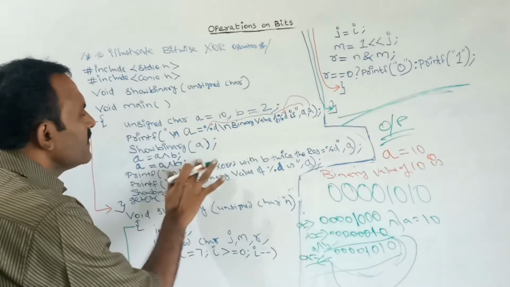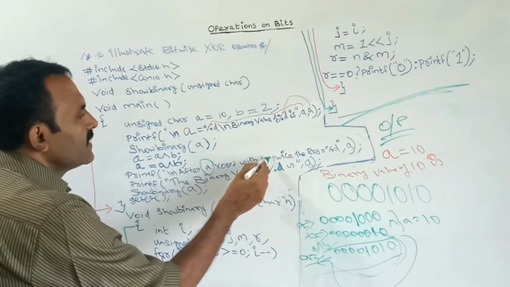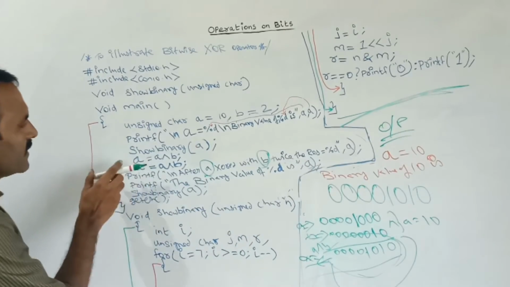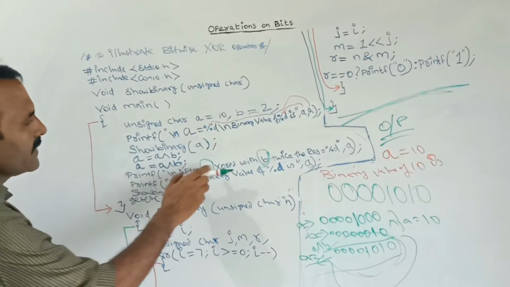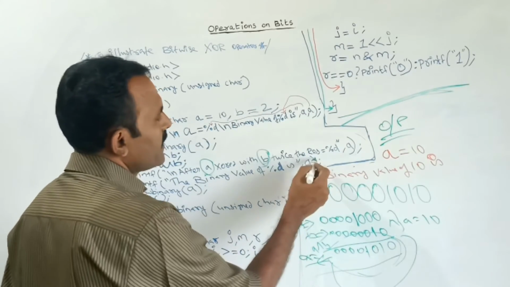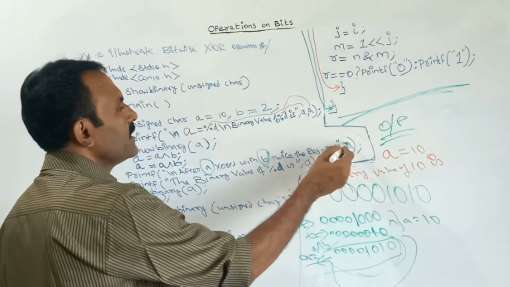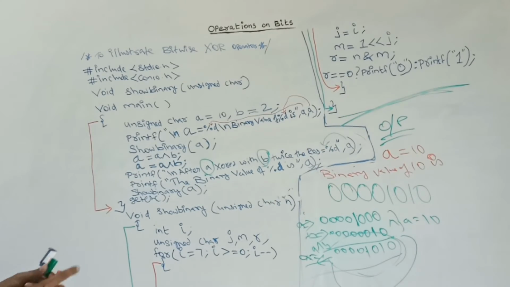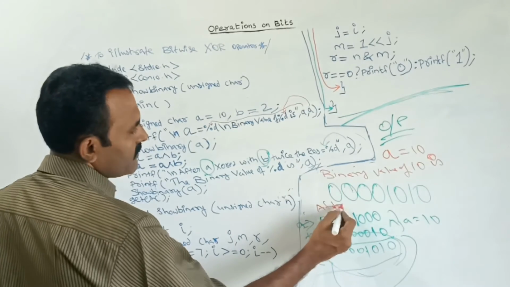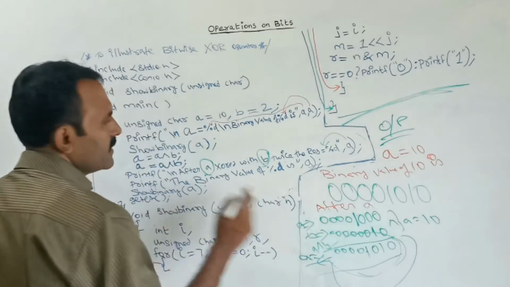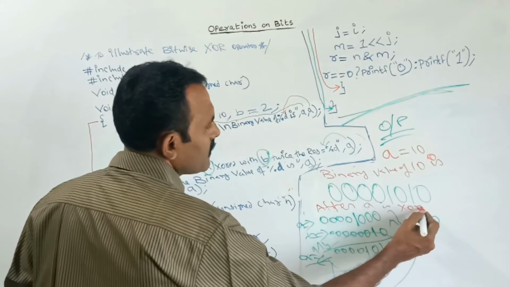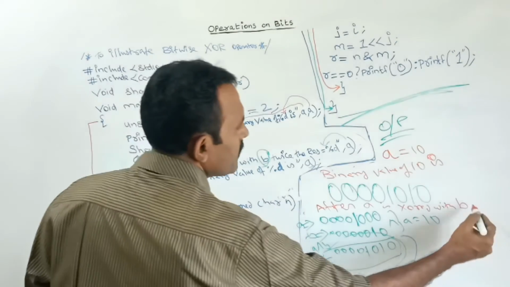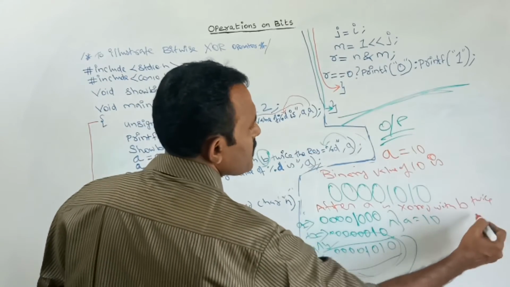Next step, I am telling it to print the message. After A is XORed with B twice, the result is equal to %d, where I am telling it to print the decimal value of A. So this message will display like this: After A is XORed with B twice, result is equal to how much?